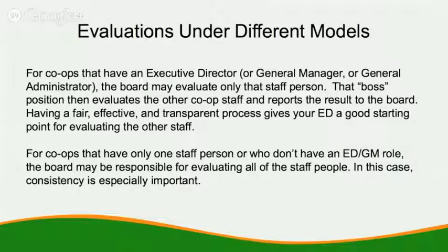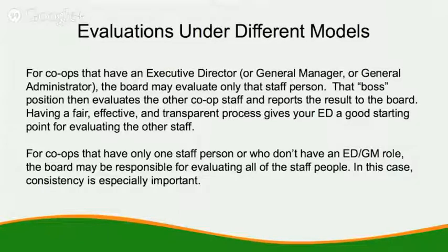So there are also these different models that co-ops use. Your co-op may have an executive director or general manager, general administrator, somebody who essentially has a boss role within the staff. In that system, most co-ops have that person, let's say the executive director, evaluate everybody else on staff because they're the boss of everybody else. So they're evaluating the performance of the people they supervise, and they're reporting that to the board.